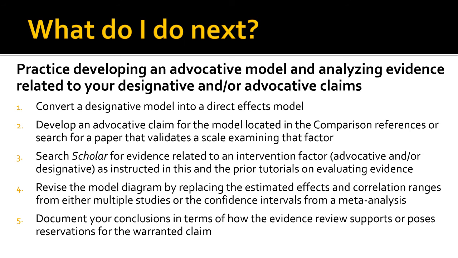Revise the model diagram based on your findings by replacing the estimated effects with correlation ranges derived from either multiple studies or the confidence intervals from a meta-analysis. Conclude your analysis by documenting the insights gained from this analysis and whether the evidence supports or poses reservations for your advocative claim.